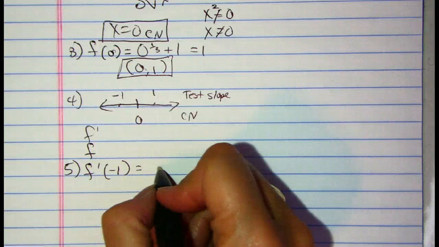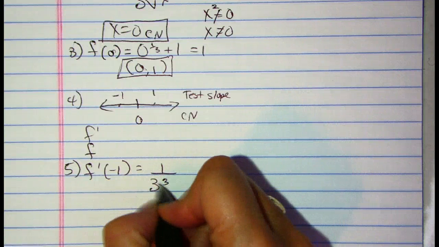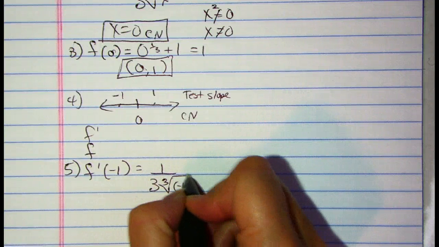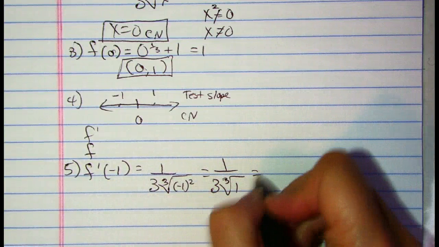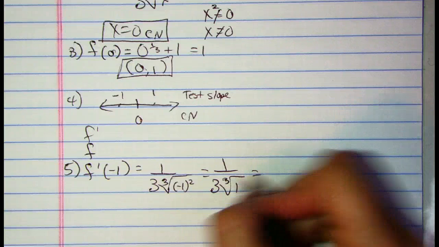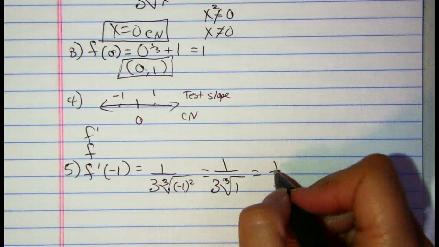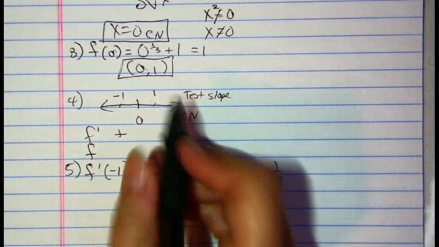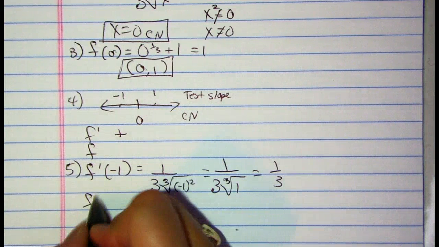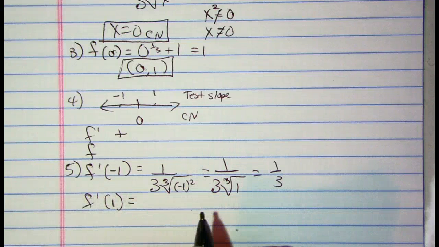Let's see, where's my function again? Oh, there it is. 1 over 3 times the cube root of -1, quantity squared. That's 1. The cube root of -1 is just -1, squared is 1, and 1 times 3. So that is a positive number. Now let's put in the second test point into my first derivative, because I just want to see the sign of the slope.